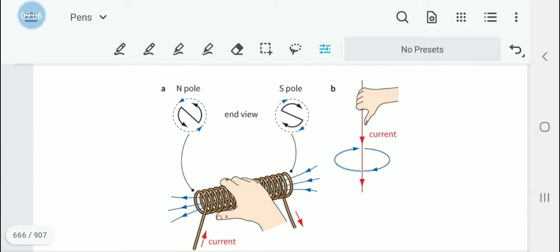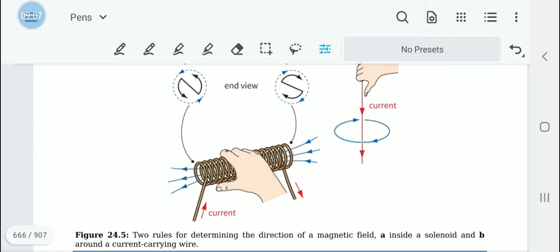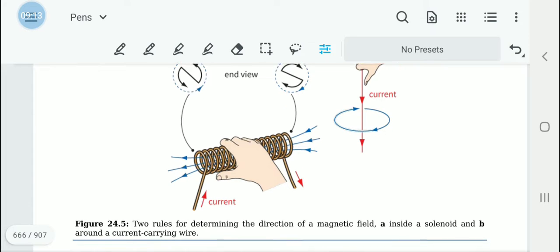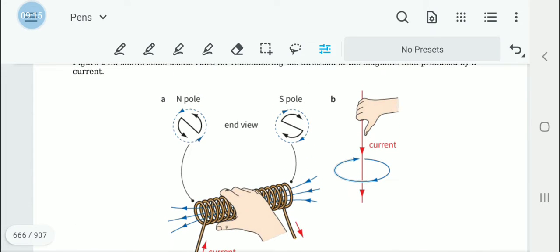Now you can remember, inside the solenoid and around a current carrying wire, how to figure out the ends, and how to figure out the north and south poles are described here.